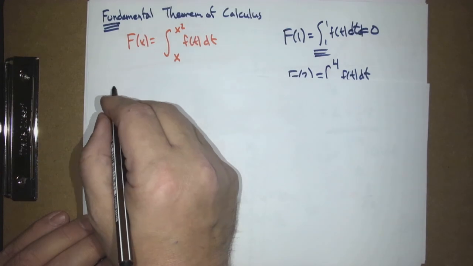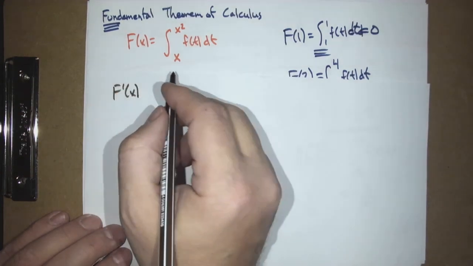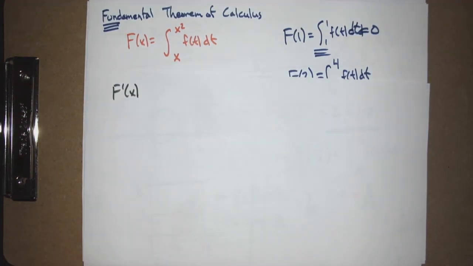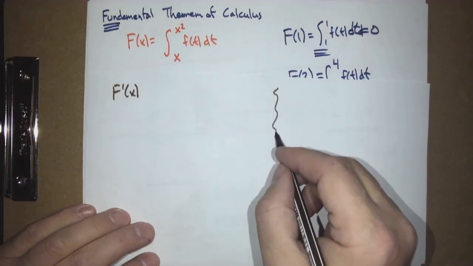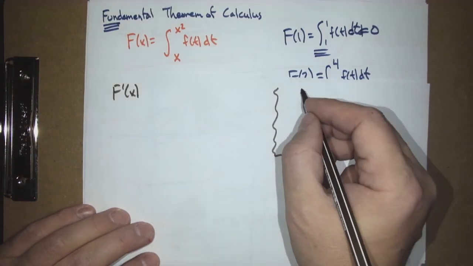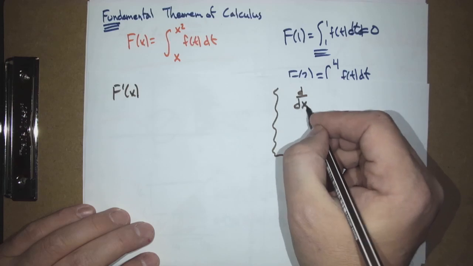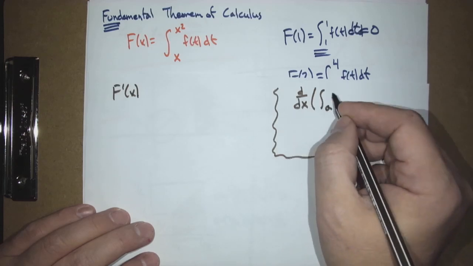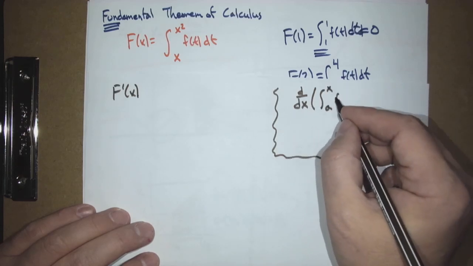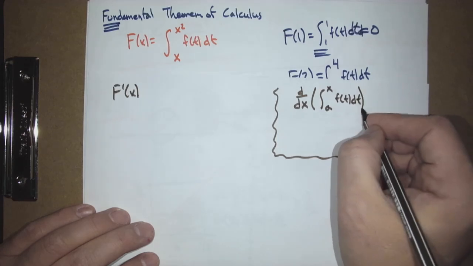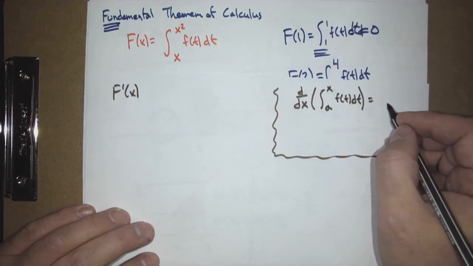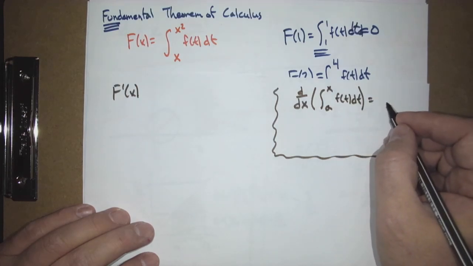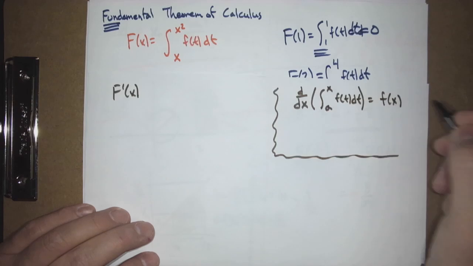The real question is, what's f prime of x? So f of x is this integral. What is f prime of x? Well, you should have in your back pocket the basic fact: the derivative of the integral from a constant to x of f of t dt is equal to f of x.